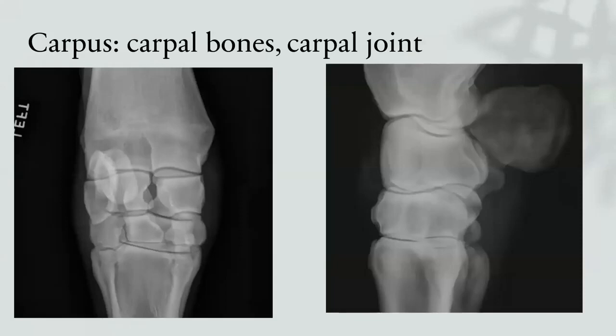All right, so our carpus is our wrist. Do you know the layman's term for this joint in the horse? What do you call this part of your horse? The knee. Excellent, the knee. So the horse's knee is in their front, unlike us, and that's our carpus.